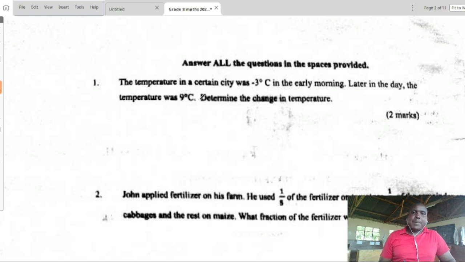The temperature in a certain city was -3 in the early morning. Later in the day, the temperature was 9 degrees. Determine the change in the temperature. Let us check the initial temperature.